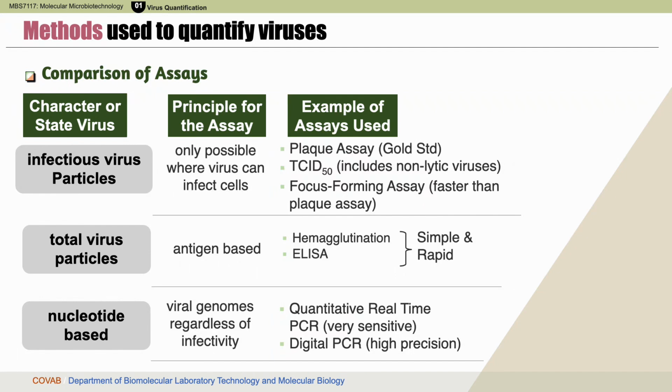Examples of assays in this category are the quantitative real-time PCR, polymerase chain reaction assays. These are very sensitive. And now we even have the digital PCR, which are high precision assays.